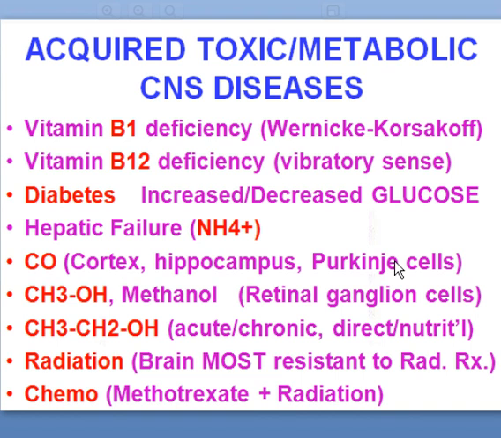So for example, if you were to have a hemoglobinopathy or a toxic compound like carbon monoxide, which is screwing up your hemoglobin, what parts of the brain do you think would be affected first? Cortex, hippocampus, Purkinje cells. So if you suspect a brain is having a toxic or anoxic effect, you would definitely take sections through those three areas to look for nonspecific pathologic findings.